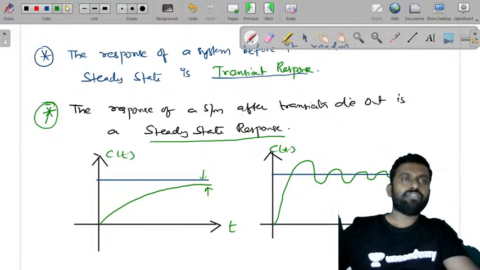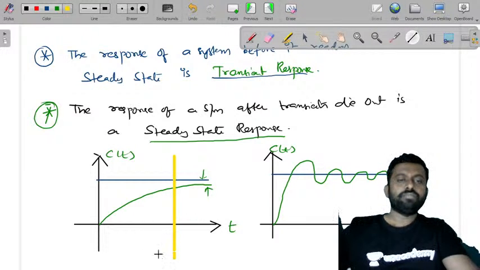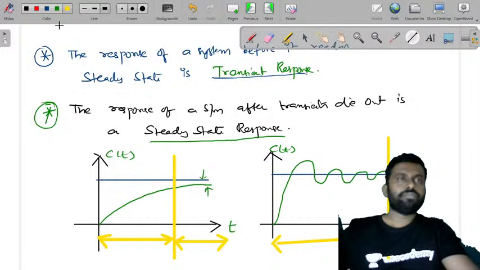So this part of the response is called the transient response, and this part is called the steady state response. Similarly, here, this part is called the transient response, and this part is called the steady state response. So we'll just try to write it.